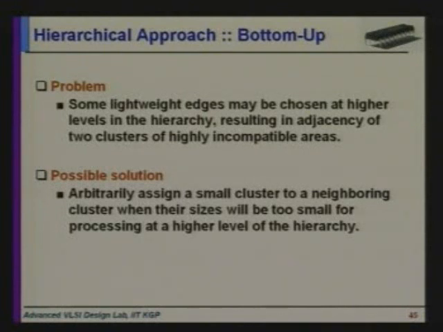I greedily consider higher weight edges and go on joining them to find larger components. This lightweight edge is left. So I have come up with a very big component and a very small component, because the edge between them is very lightweight, right? So this is the problem.